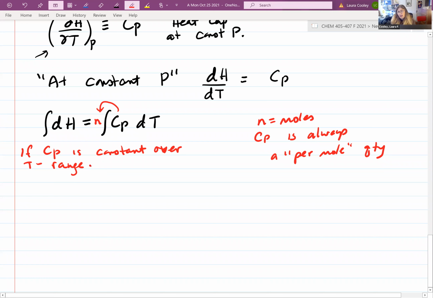CP is really not constant over a very, very wide temperature range, but it's okay for small delta T's. So it's really an approximation to assume this.